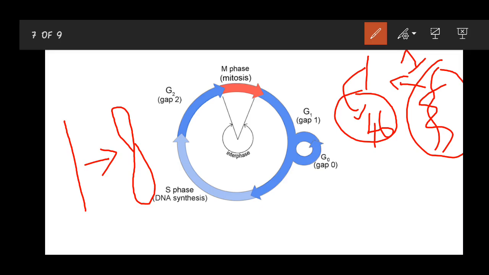When it gets compacted, it forms a solenoid-like fiber. And if we compact that fiber more and more, you get a structure like this, which will have a depression somewhere in the middle. This depression, which you usually draw in the middle, is referred to as the centromere.